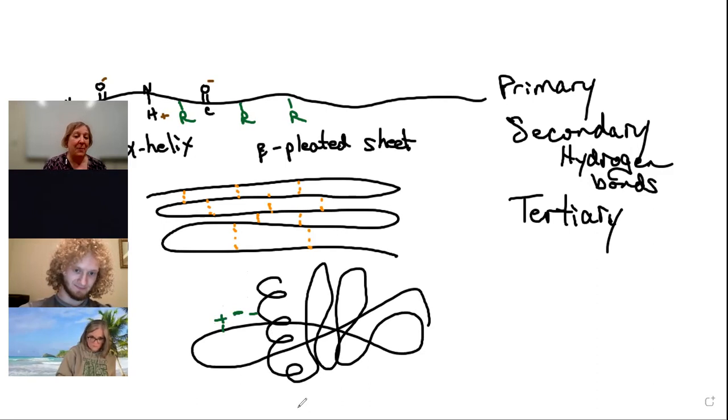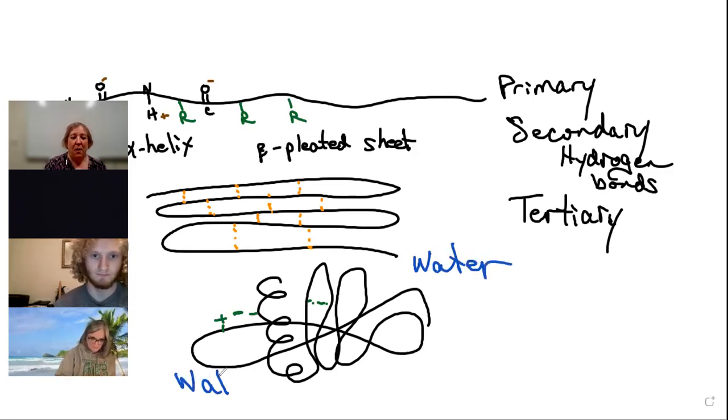And it's going to help stabilize that shape. I can also form hydrogen bonds between my hydrophilic side chains. And then for my hydrophobic side chains, I've got water outside here.